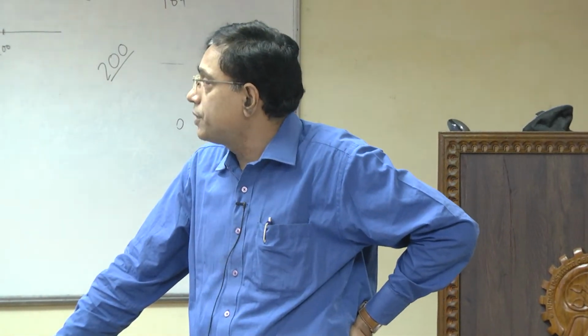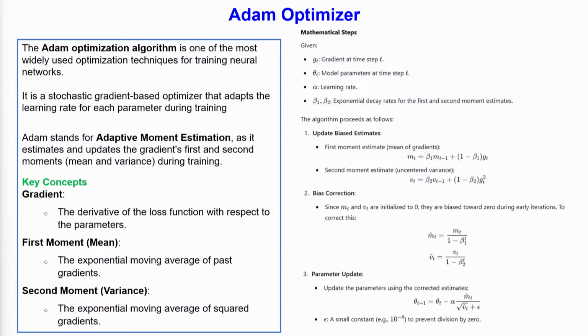So, the Adam optimizer, I will not get into this because it is a bit involved for most of you, you will require a bit of mathematics training to do that. It is based on something known as a moving average calculation. What it tries to do is basically minimize the error by an optimization principle.